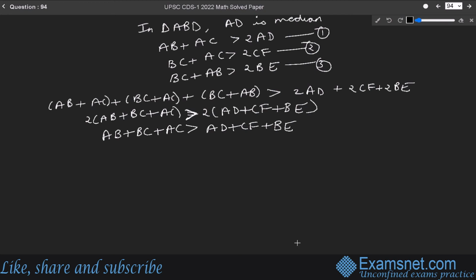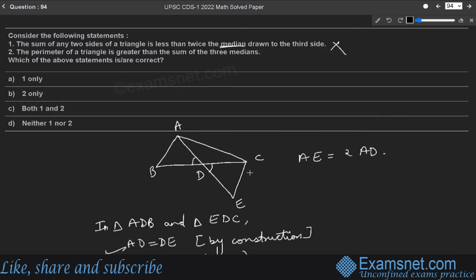And this is what the second statement says. So we can say that statement 2 is correct because it says that the perimeter of a triangle is greater than the sum of the three medians. So only statement 2 is correct. Therefore, the correct option will be 2 only. I hope this question is clear to you.